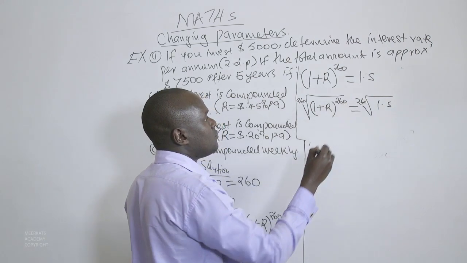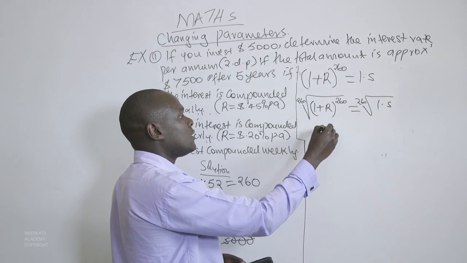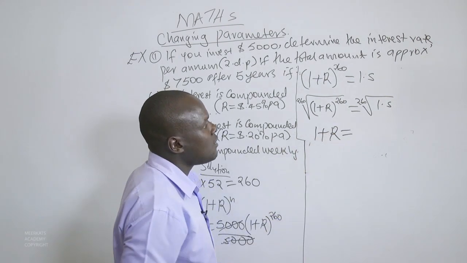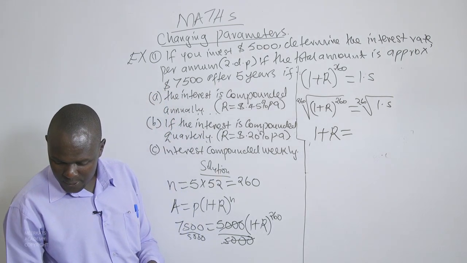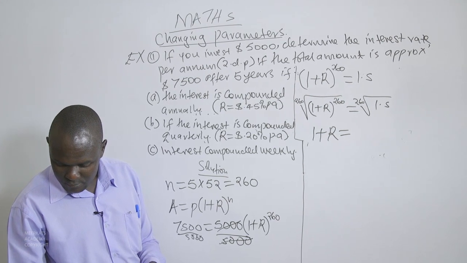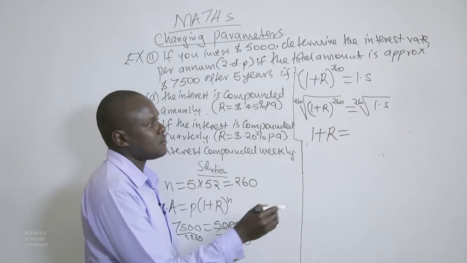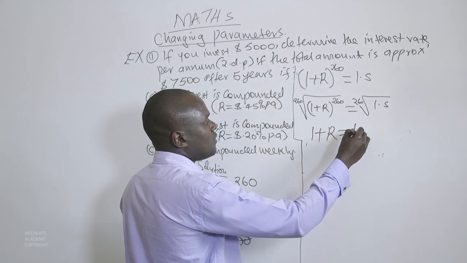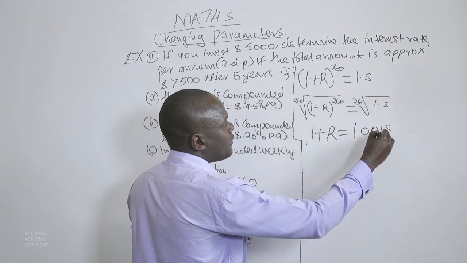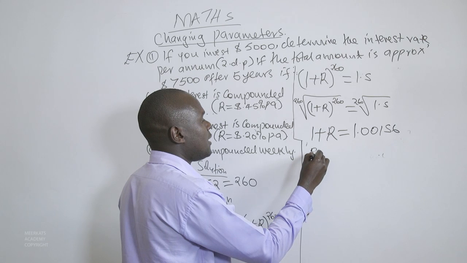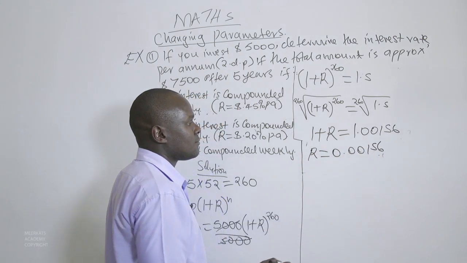When that is done, on the left-hand side we are going to remain with 1 plus r, giving us the 260th root of 1.5, which is approximately 1.00156, so that our r will be equal to 0.00156.